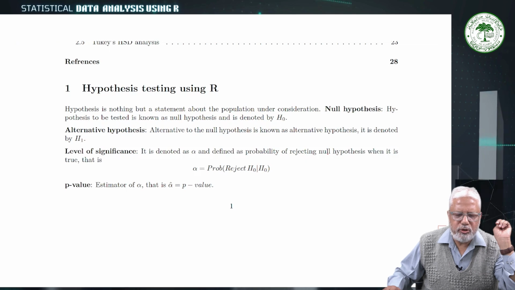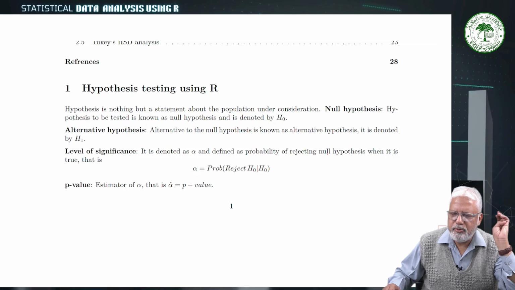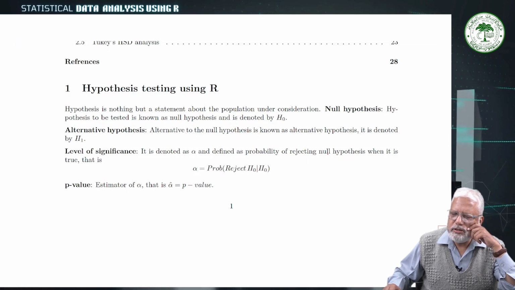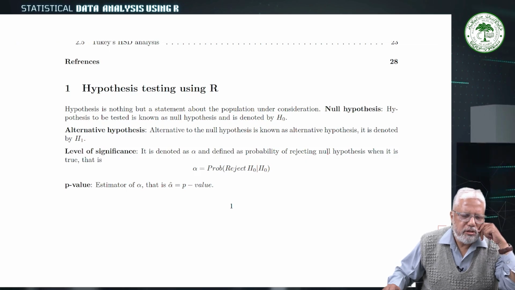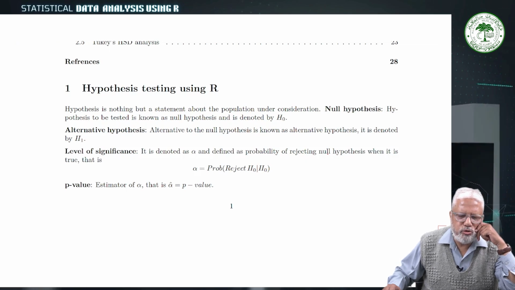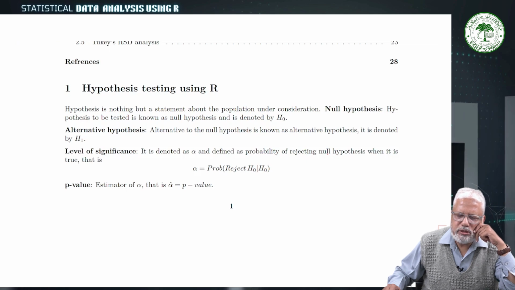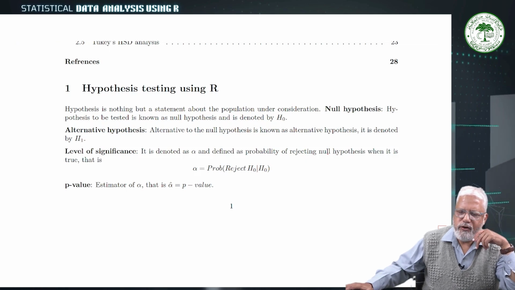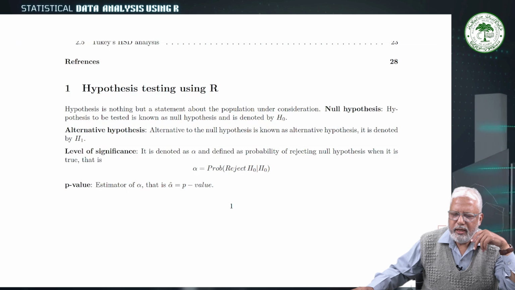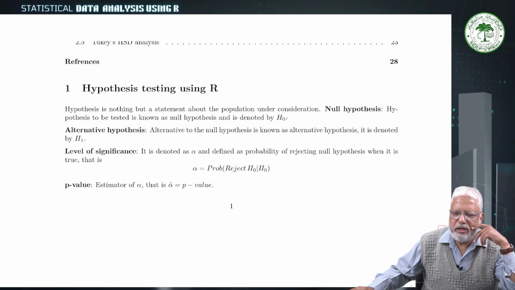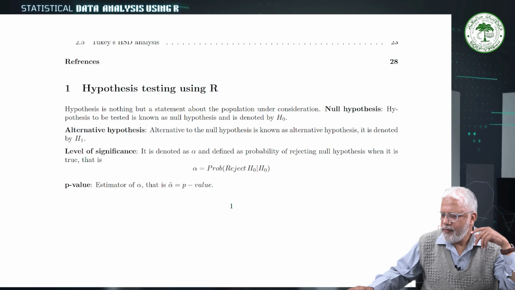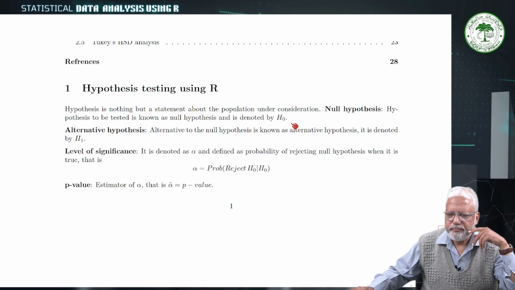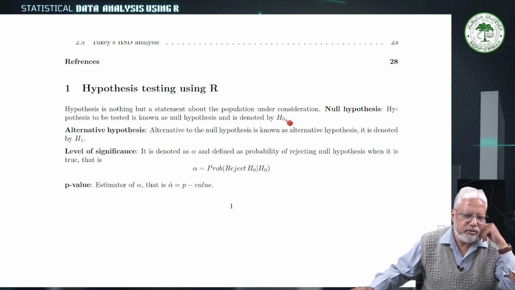Now, there are two hypotheses, one is the null hypothesis, another one is the alternative hypothesis. The hypothesis to be tested is known as the null hypothesis and denoted by H naught. This is the null hypothesis.